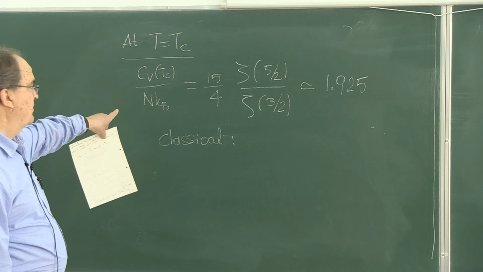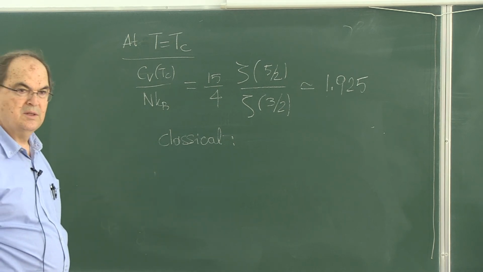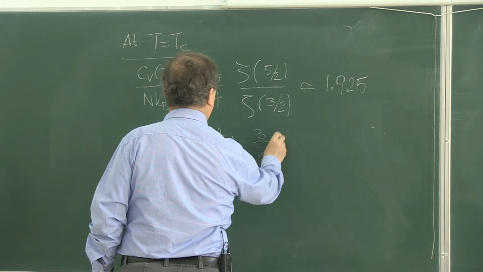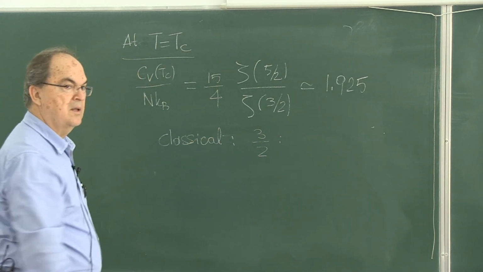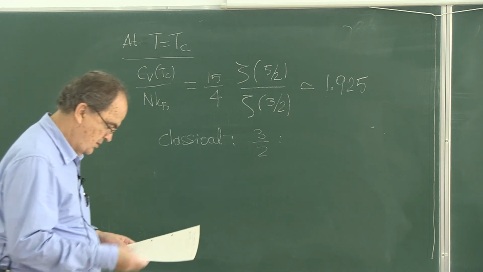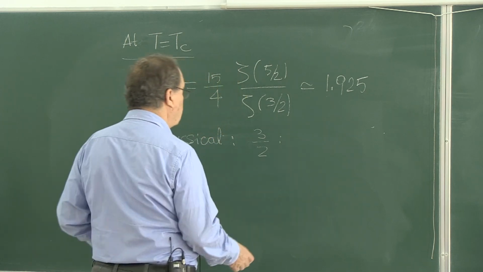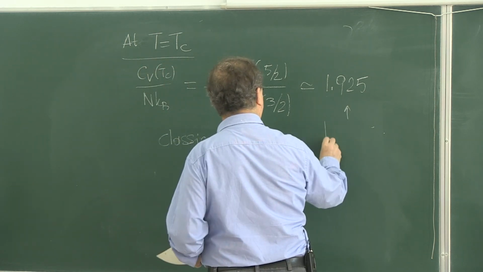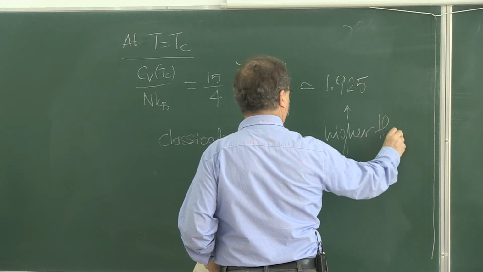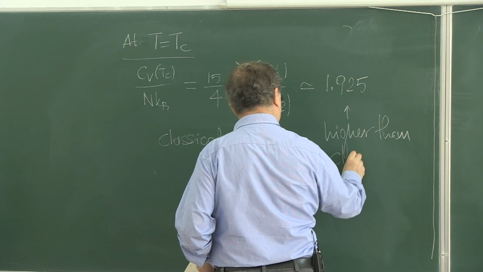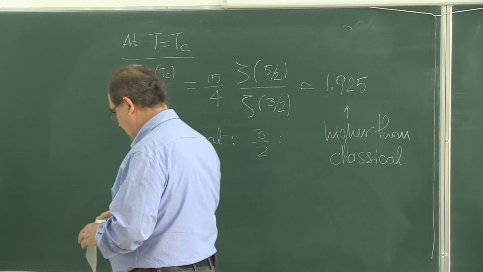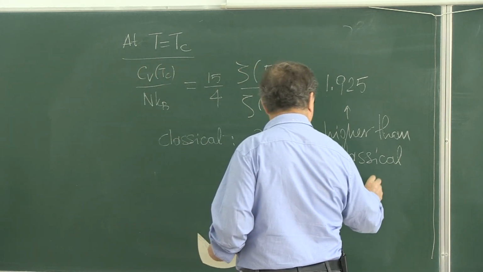So divide by NkB, you must have 3/2, 1.5. It is bigger than that, isn't it? Interesting. Higher than the classical value, which is 1.5.